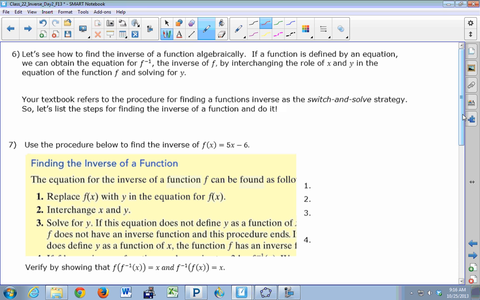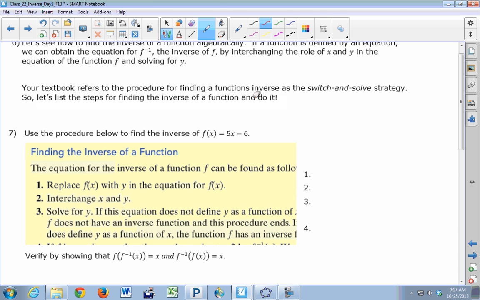Now, previously to this point, we've had a finite set of ordered pairs, and we've just swapped the inputs and outputs, and that's how we've created the inverse. Now we want to do it for an infinite set of ordered pairs. That's called a mathematical function.